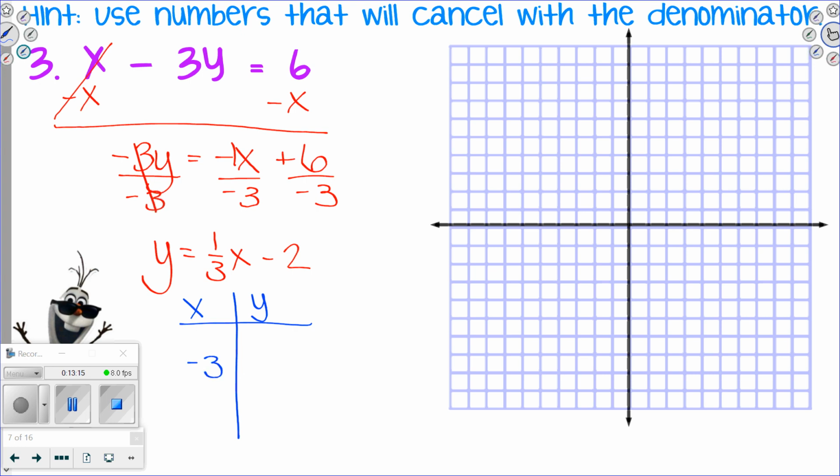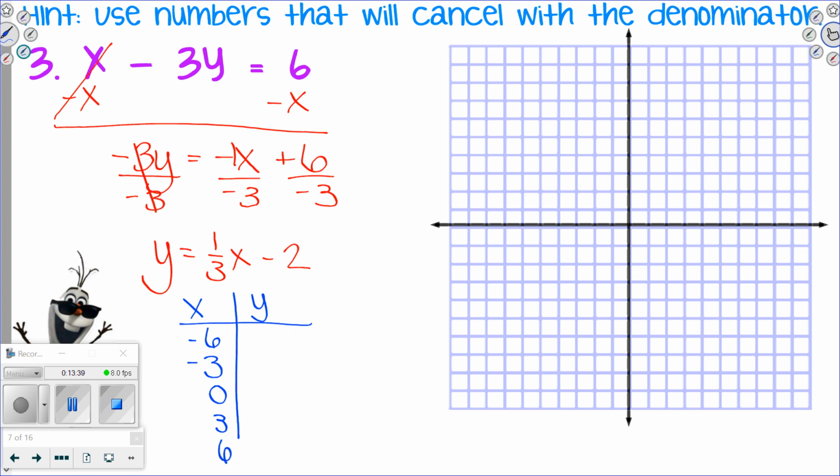What else would cancel with it? In other words, what can you divide by 3 nicely? 6. I may go -6, -3. 0 still works, right? And then 3 and 6. So like if my denominator was a 2, I might go -4, -2, 0, 2, 4.